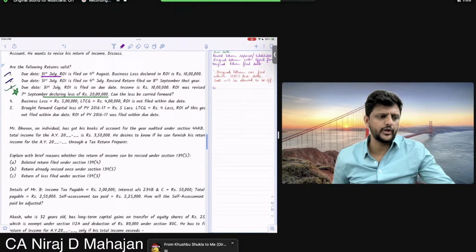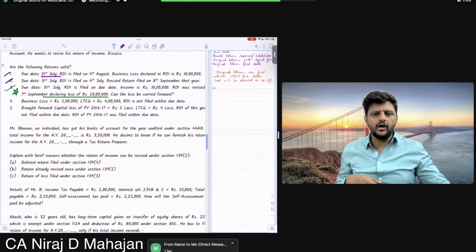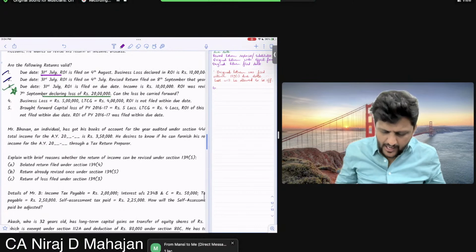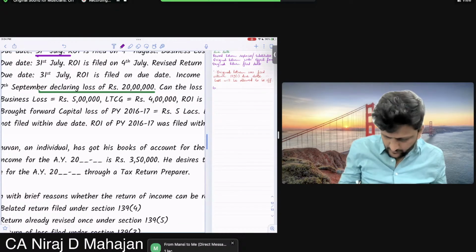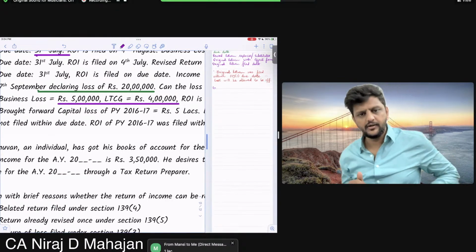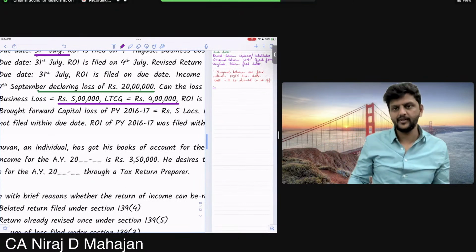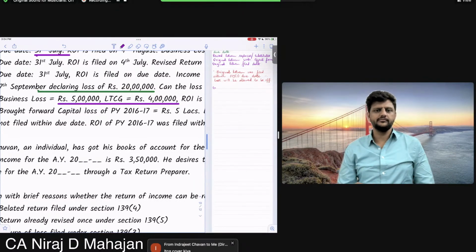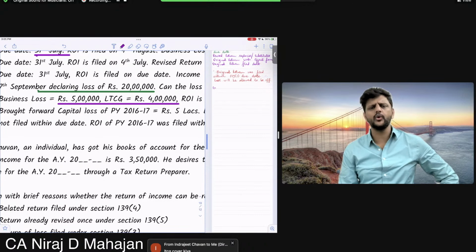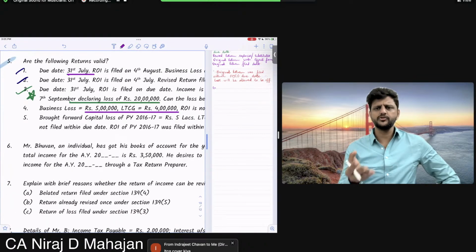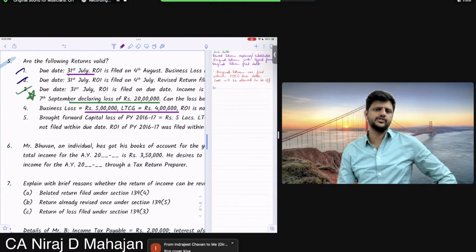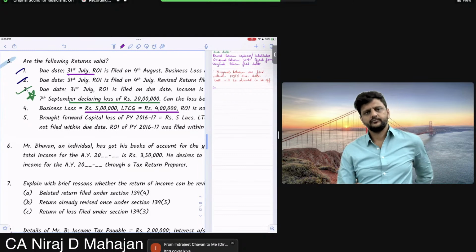How much of the loss can you not carry forward? 1 lakh. Because we have gain also. We are allowed to set off or not? Setting off depends on ROI. Setting off, we have to do before all of the calculations, right?